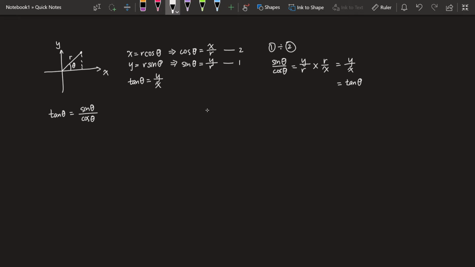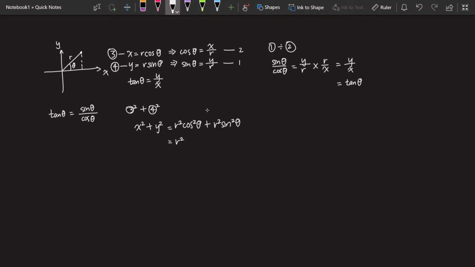So similarly, if I were to consider this as equation 3, equation 4, and if I were to take 3 squared plus 4 squared, so that will be x squared plus y squared equals r squared cosine squared theta plus r squared sine squared theta.